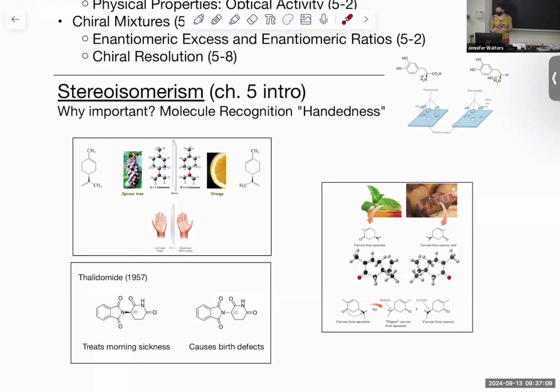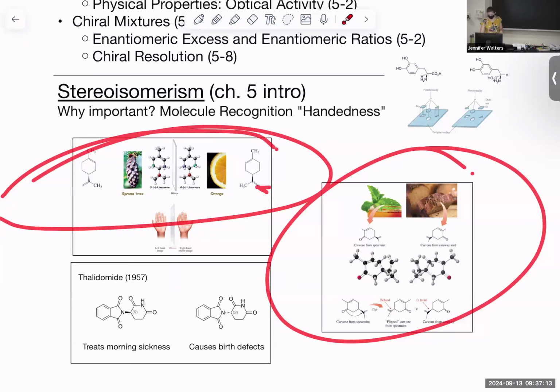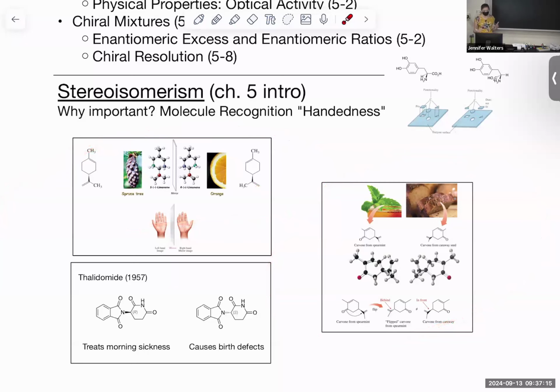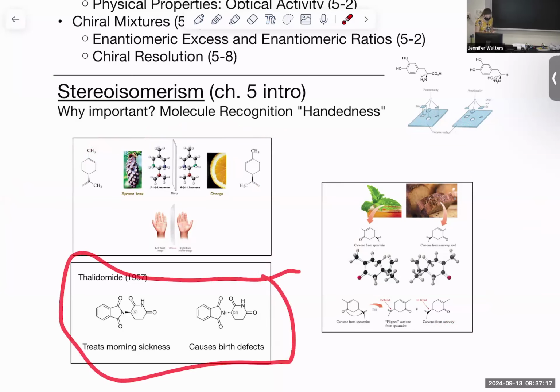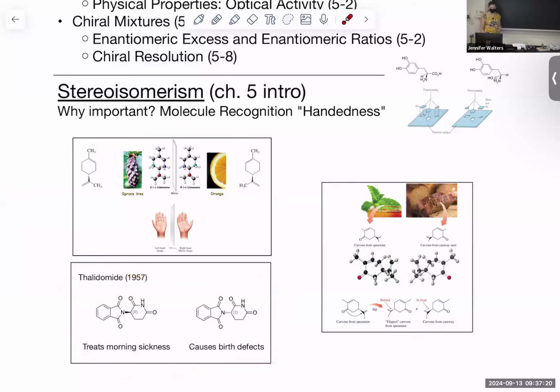The thing I find really interesting is sometimes it's just that simple, like different flavor profiles, but a lot of times, especially with pharmaceuticals, it is more likely this, where usually one is really helpful and the other one kills you, which I just find fascinating, that that's how the body is set up, where it's like, hey, I can only accept this handedness, I can only take the left hand, you put the right hand in here, and we're gonna have problems.